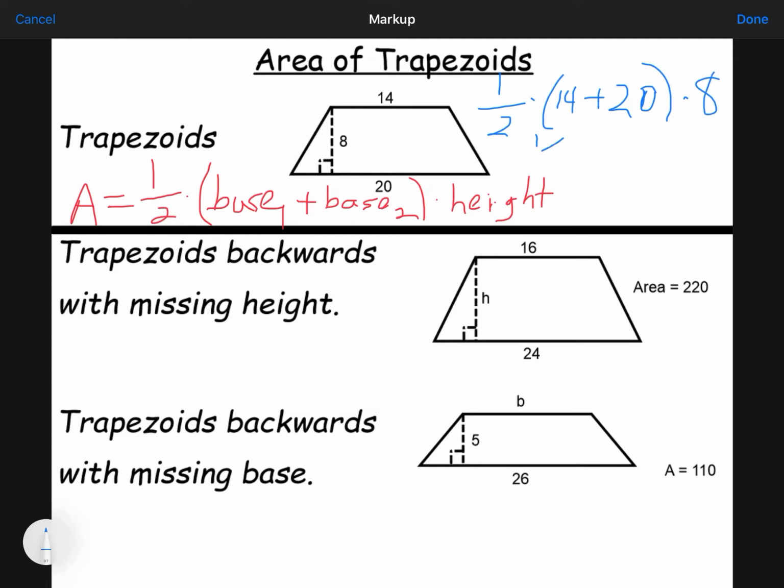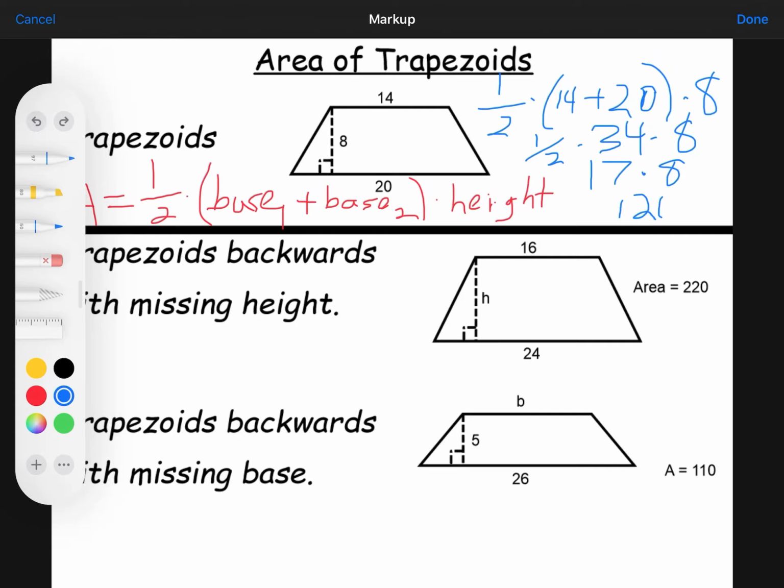You have to make sure that you add the bases first. If you want to think about distributing the 1/2, you could, but you'd have to distribute it to both things. It's easier to use order of operations. First use the parentheses, add your bases together, then take 1/2 of that resulting sum, and then, it's 136, excuse me.